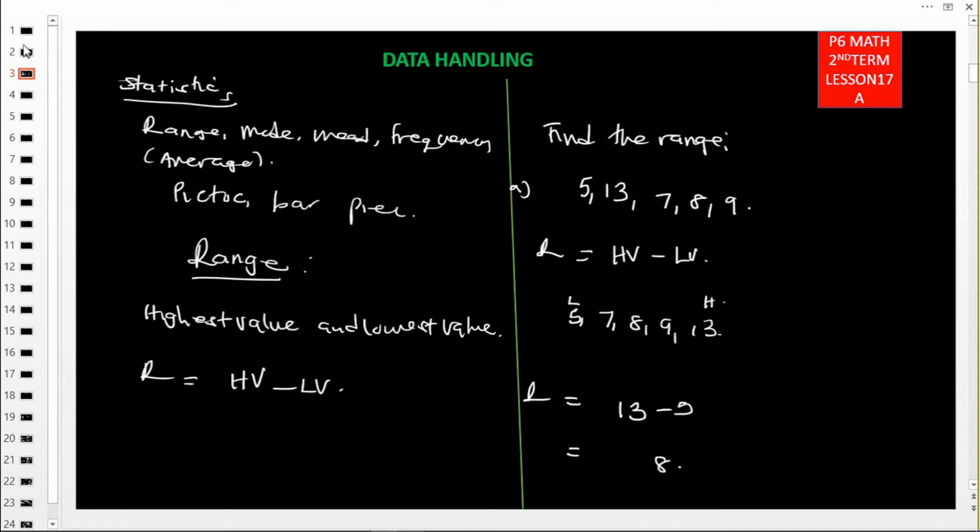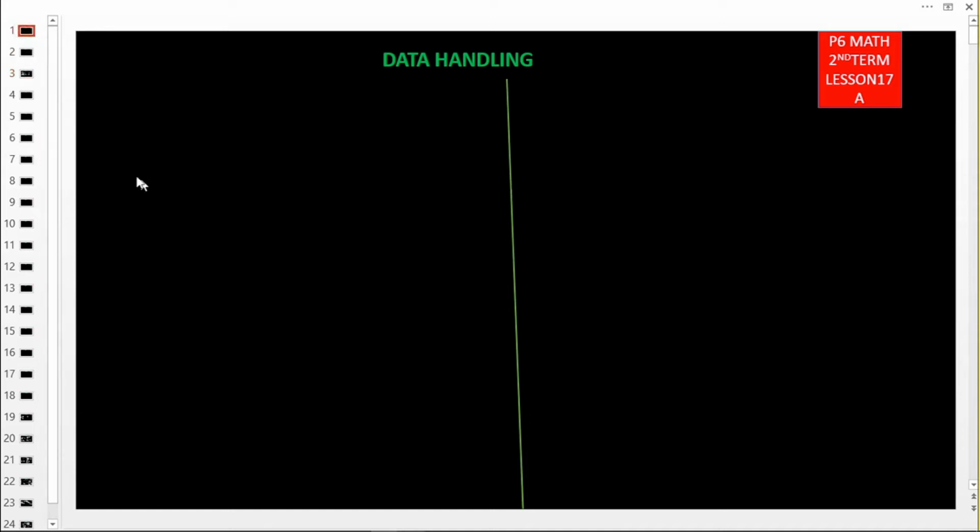So let us get another example here. This is 30%, then 60%, then 20%. We have 40% and 90%. So what is the range? Range is equal to highest value minus lowest value. We arrange our percentages.